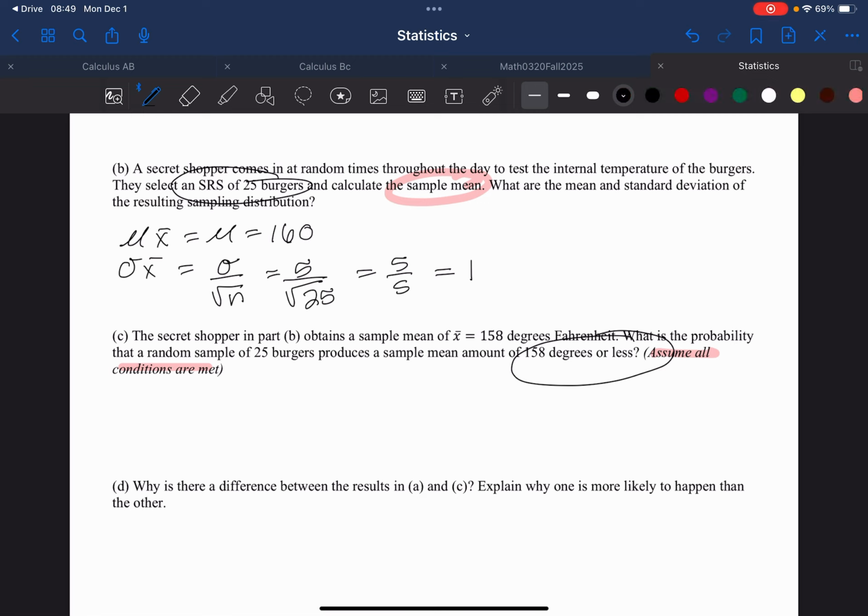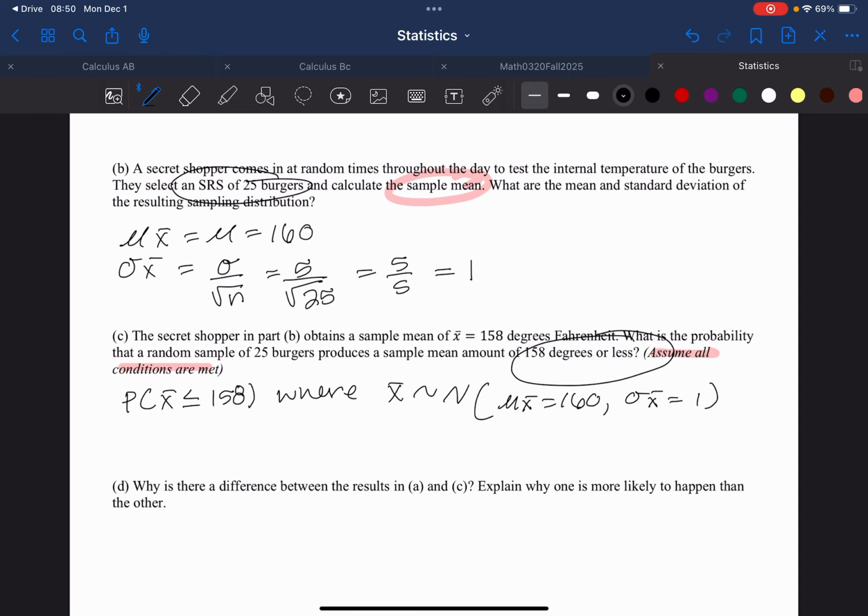So what we're trying to find here is the probability that x bar is less than or equal to 158, where x bar follows a normal distribution with mu of x bar equal to 160 and sigma of x bar equal to 1.